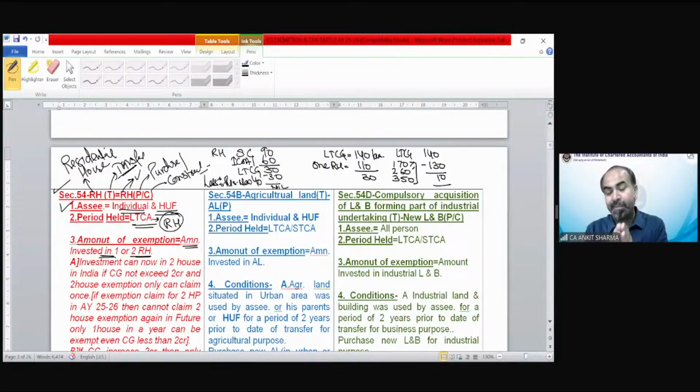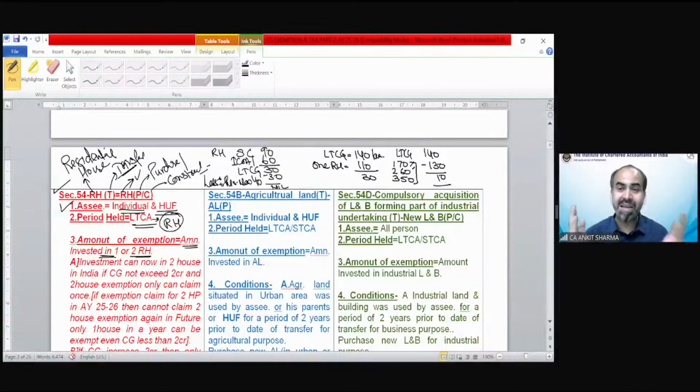If you claimed two house benefit in this year, and then again next year or after 3 or 4 years, you transfer your other residential house and again purchase two residential houses, then you cannot claim this exemption. Then you can claim only any one house exemption. So this exemption is like a lifetime achievement award.